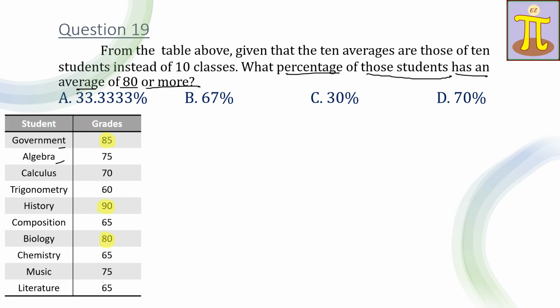So you have 3 out of 10 students with an average of 80 or more. So 10 students total, and 3 out of 10 have an average of 80 or more. When we calculate the percentage, we just multiply by 100%.